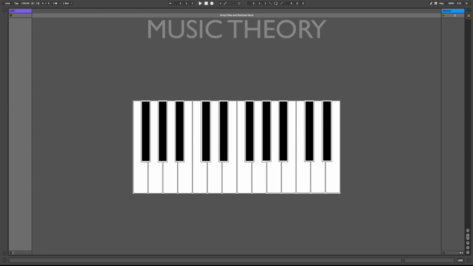Let me start off by explaining that there are 12 notes in Western music. Each one of these notes has a letter associated with it, and this is how we define what note we are playing. If we look at the piano keys, this is the note we call A. And if we play all of the white keys going upwards, these are the notes we would get.